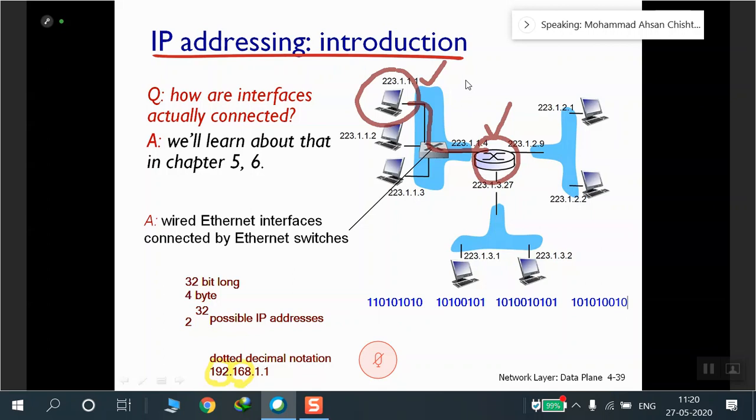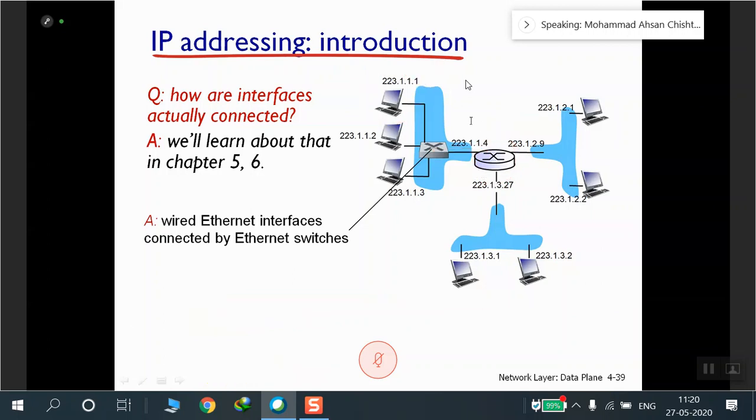Another thing that we see here is that an IP address consists of two parts.